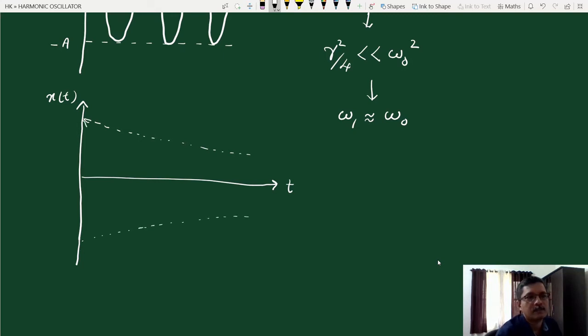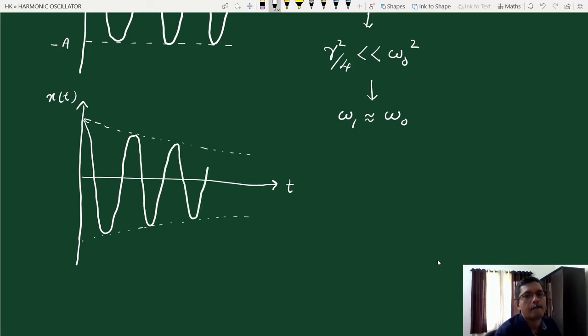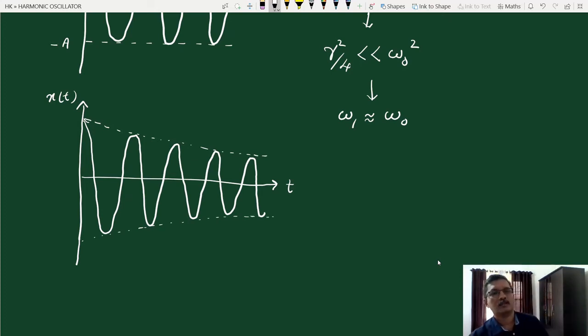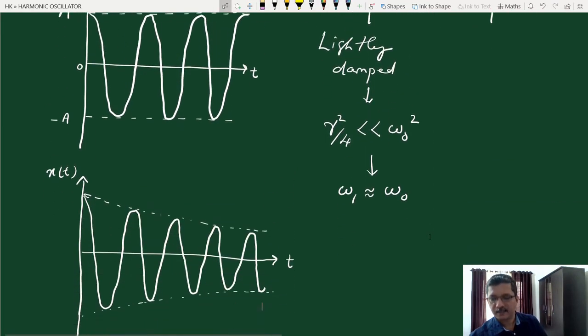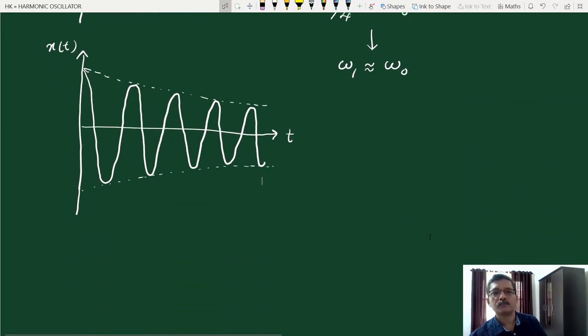So the situation is something like this. You can see that over a period of time, the amplitude will be exponentially decreasing, but the decrease is slow. This is the case with the lightly damped oscillator.